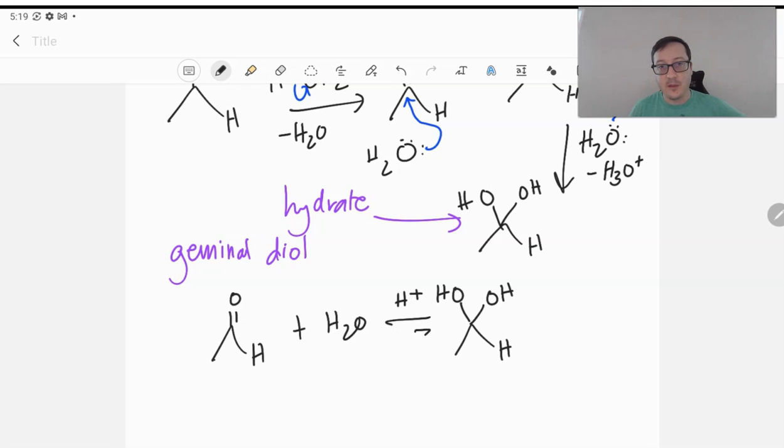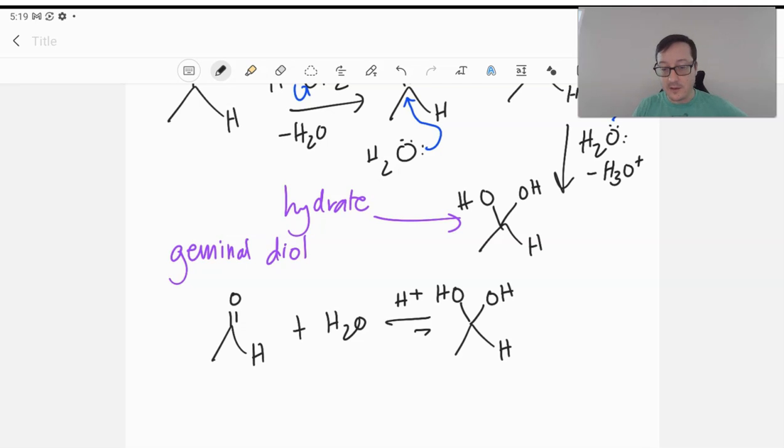Products only a little bit. And I don't want to say all, because there are a few very, very small simple compounds that can stay in the hydrate a bit longer. In fact, they may even prefer the hydrate form. But most carbonyl species prefer to be the ketone or aldehyde rather than the hydrate.